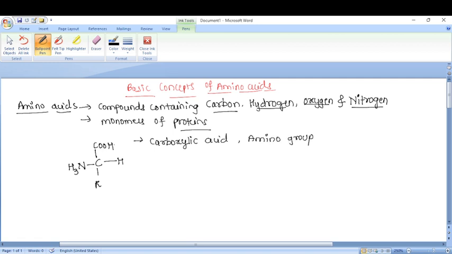This one is the carboxylic acid group, and here is the amino group, and here is the hydrogen, and this R is nothing but the side chain, which is variable in each amino acid.